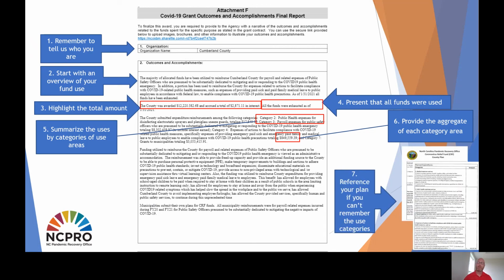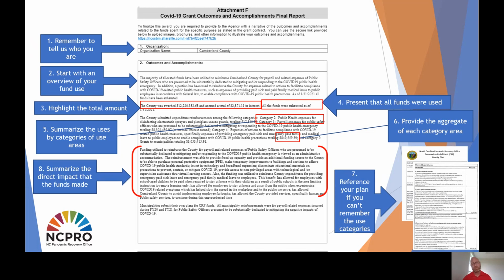Now we've talked about your categories. So tip number 7 is if you can't remember what those are, simply reference the plan that you had submitted towards the beginning of the process. That'll help you understand what you had outlined as the categories that you were going to try and use the funds within.